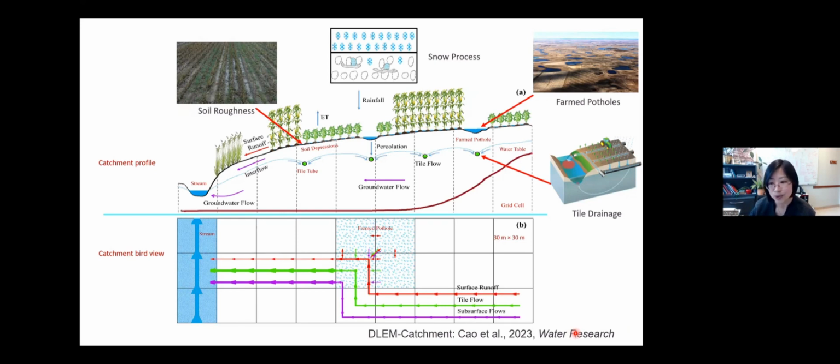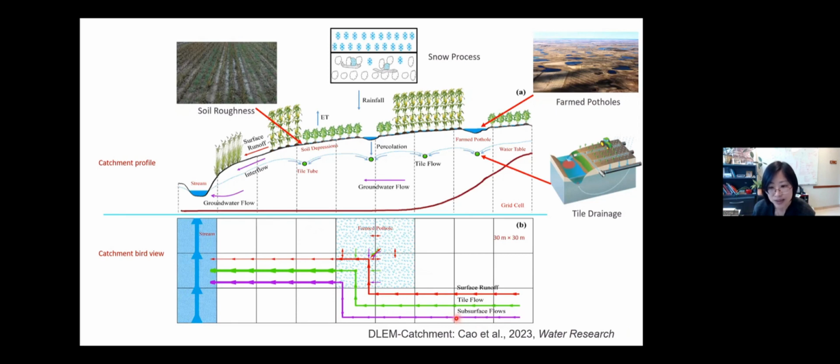In this new model version, I will ask you to look at this diagram of a catchment bird's-eye view. Each box represents a 30-meter by 30-meter grid cell. In this new version, the water flow from each grid cell is allowed to move in 8 directions to its neighboring grid cells. We also separate water flows into surface runoff, tile flow, and subsurface flow.